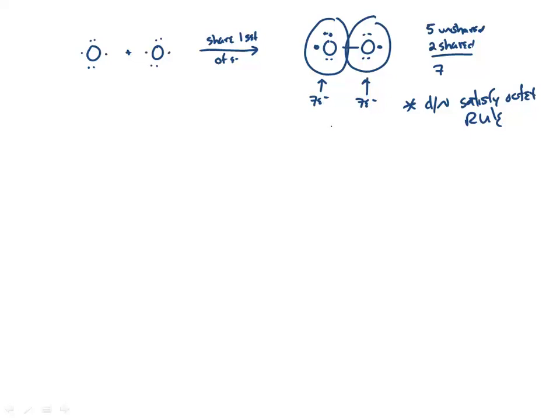So what happens is we have to share more electrons, meaning we can share more than one set of electrons. So if I share another set of electrons, like Erin says, because she's had some chemistry before, we form what's called a double bond. So here I'm sharing 2 sets of electrons.